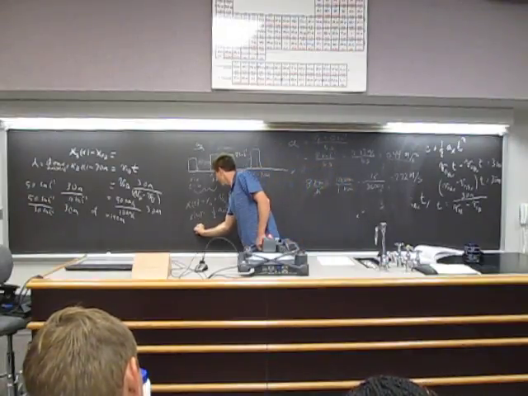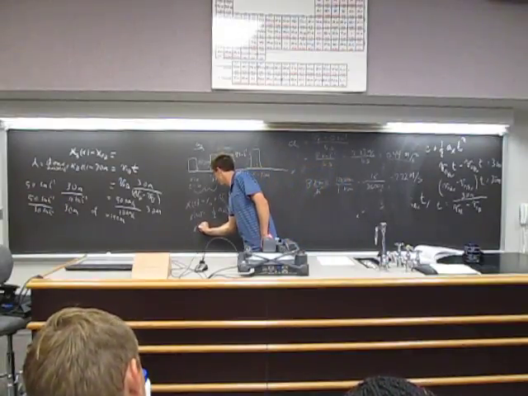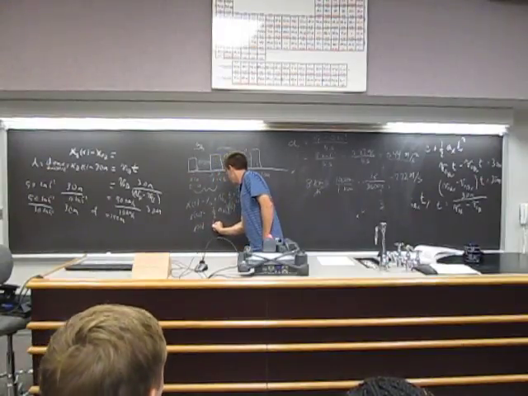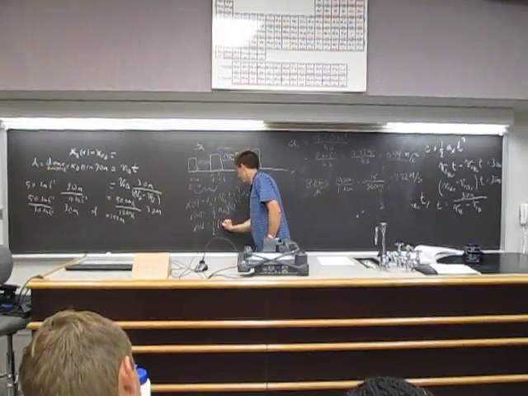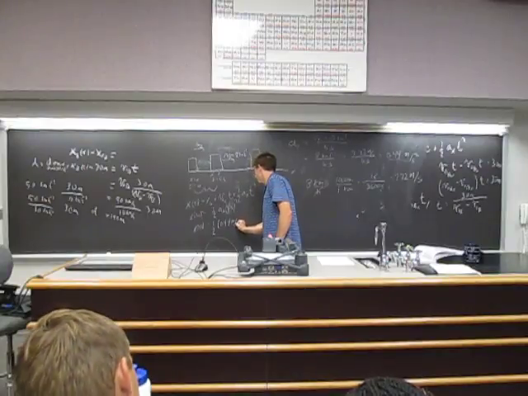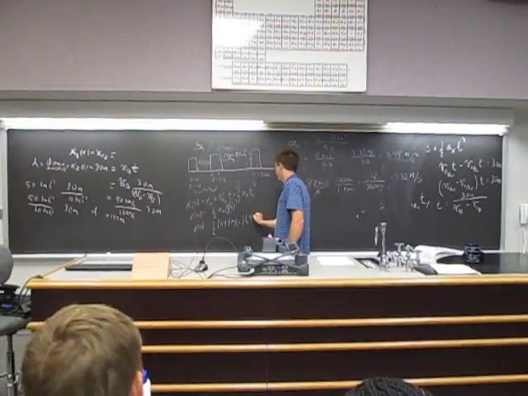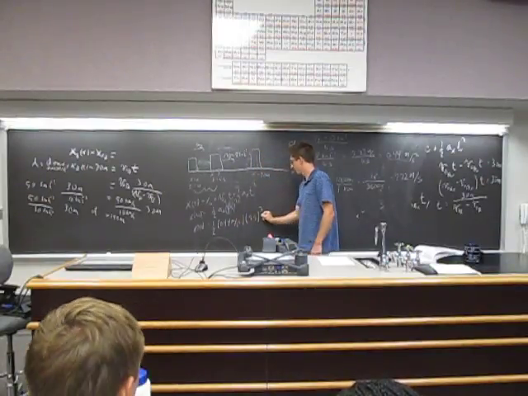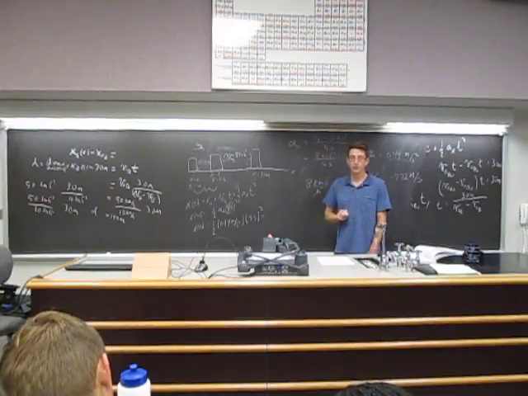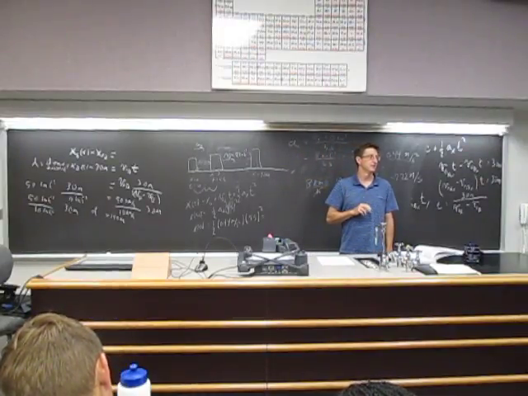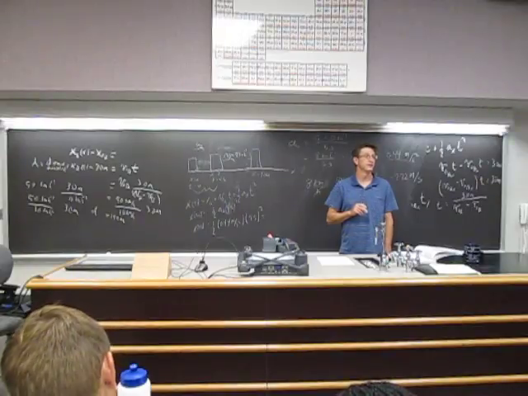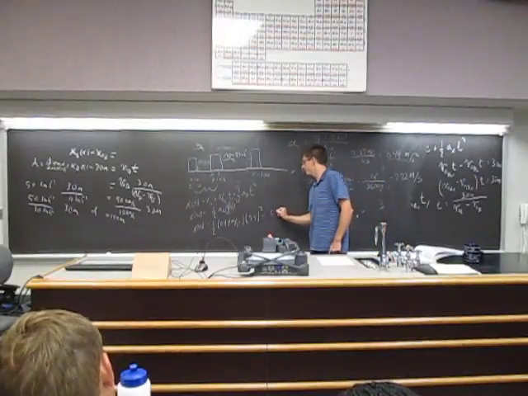So I get x at 5 seconds is 1/2 times 0.44 meters per second squared times 5 seconds squared. And if I multiply that out, what do you get? So this is 5.5?